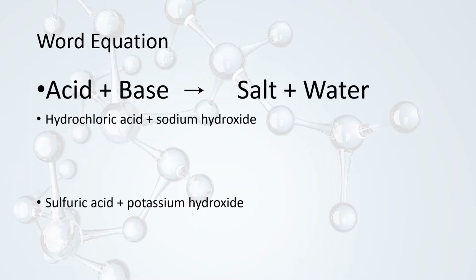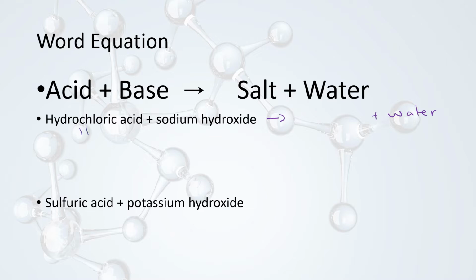So we need to be able to write acid-base reactions. The first thing is an acid plus a base always gives salt plus water. So if you've got hydrochloric acid with sodium hydroxide, the easiest thing to find is always the water. And whatever's left over makes the salt.